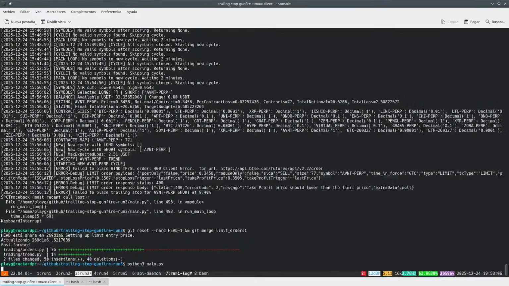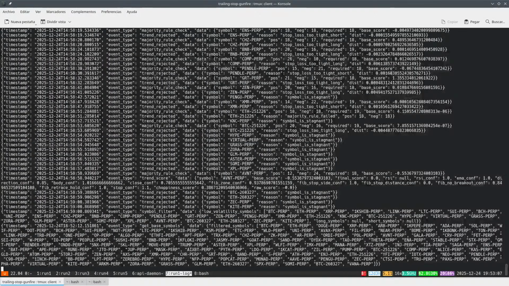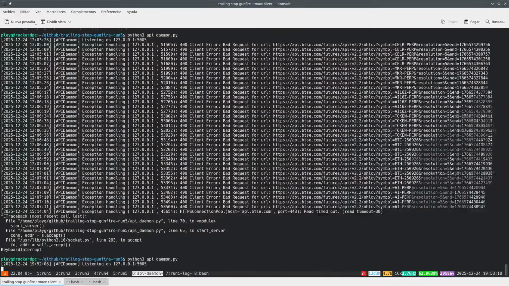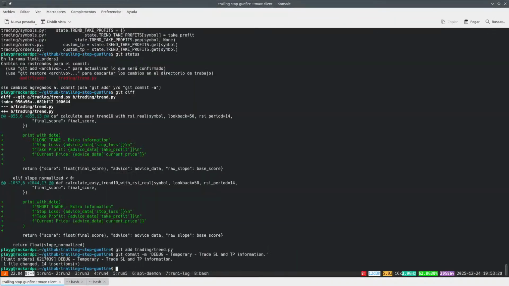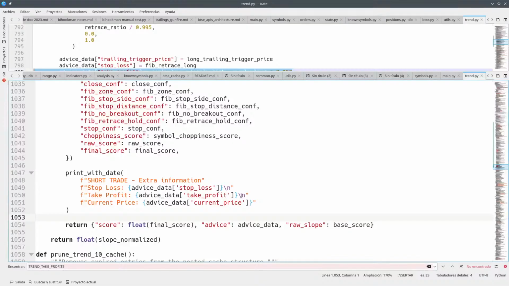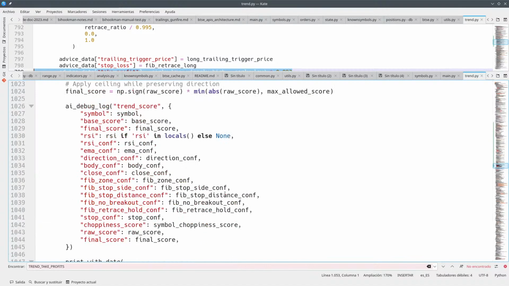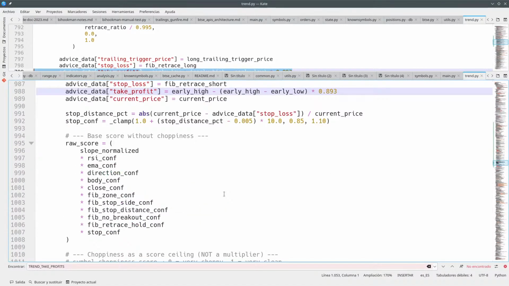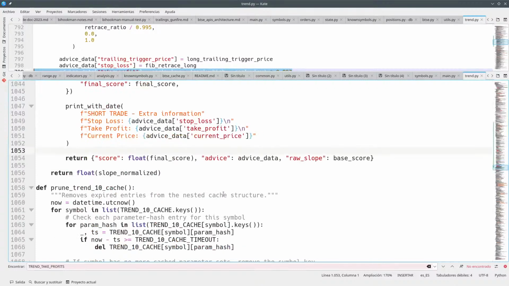Maybe we can take a look at the run log. So we have the low volatility symbols. We are going to get the first attempt to trade, which is going to be skipped, and then we are going to be able to get this temporary trade, stop loss, and take profit information when we do this stuff.